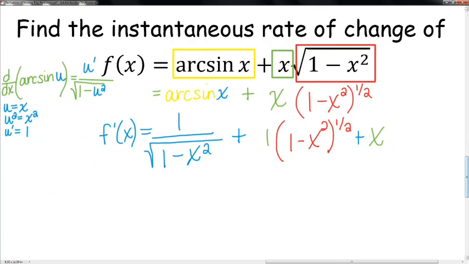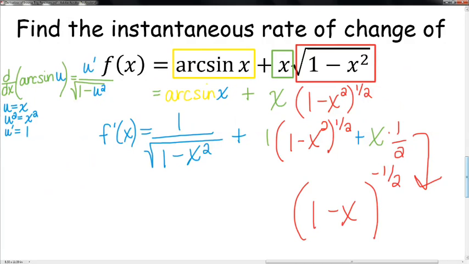So I'm going to do the derivative of my outside, which is 1/2. So this is going to be times 1/2. And I'm going to use space down here, guys, because I ran out of room. So this is 1/2 times, and then this is all raised to the negative 1/2, and our inside still remains 1 minus x squared. And then I need to multiply by the derivative of my inside. So the derivative of 1 minus x squared will be negative 2x.